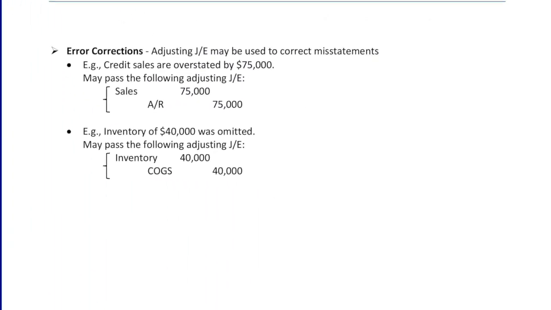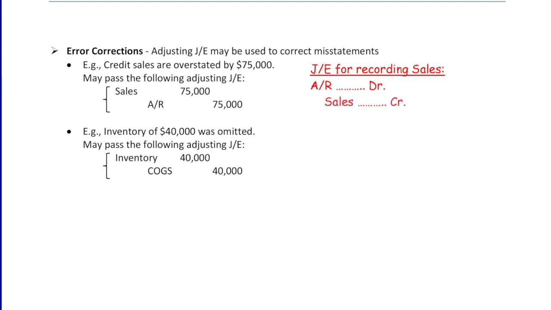We're looking at error corrections where adjusting journal entries may be used to correct misstatements. To understand our example better, let's write journal entry for recording sales. So if it's credit sales, you're going to have AR or accounts receivable debit and sales credit.